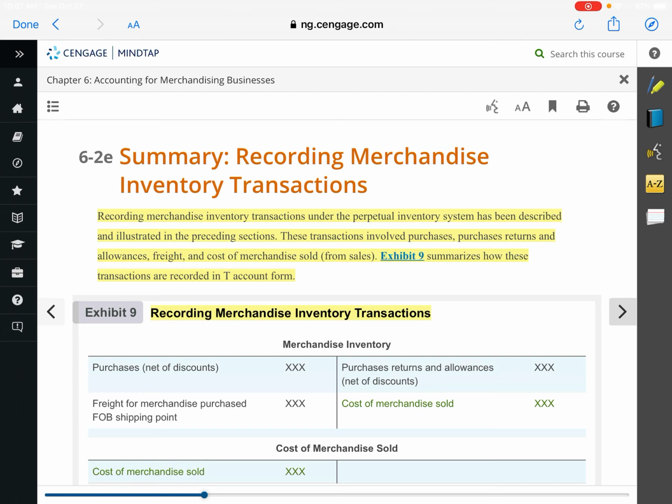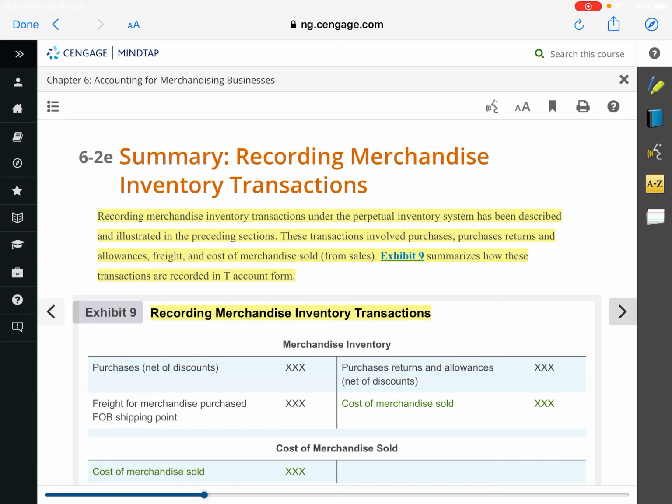The periodic system, we would record all purchases, but the sales, the removal of inventory, would not be recorded until the end of the month when we would actually go in and do an inventory count. Okay, now for our purposes, we said we're going to use the perpetual system. So all purchases and sales are going to be recorded.